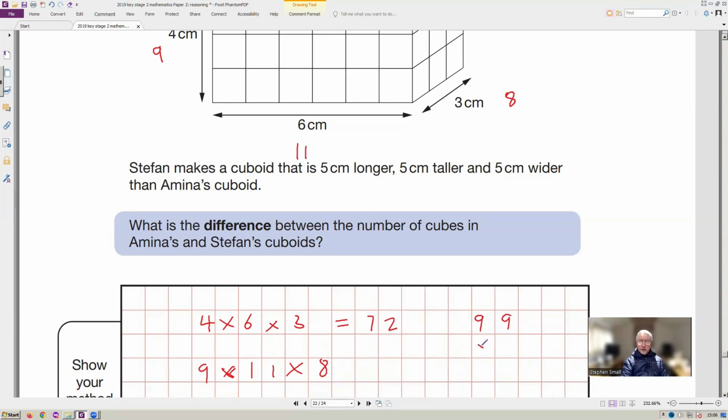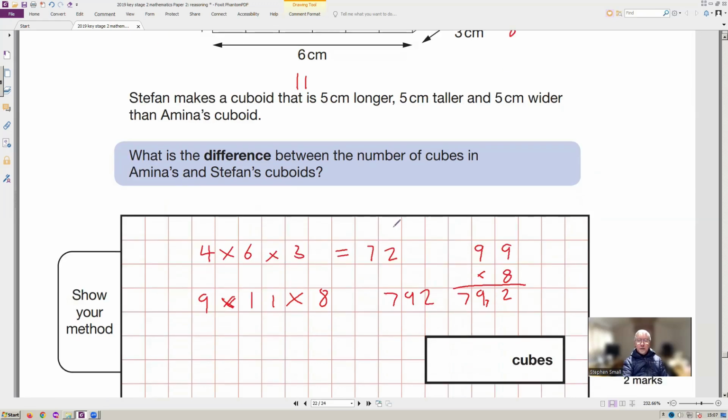And we have to times it by 8. 8 9s are 72. 8 9s are 72, and add the 7. 79. 792. So then we have to put the 792 down and take away the 72 from it. We'll put the answer in here. 0, 2, 7. 720 is the difference.